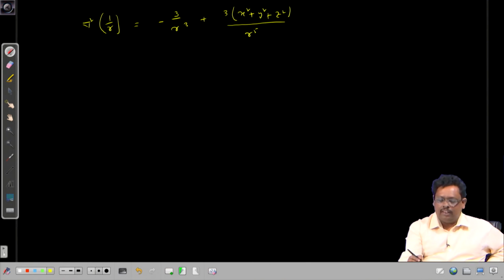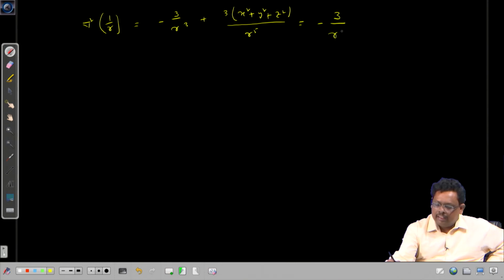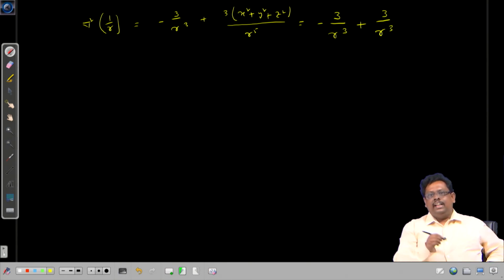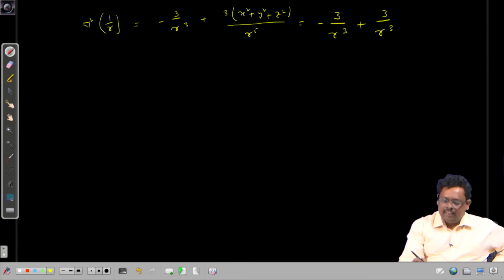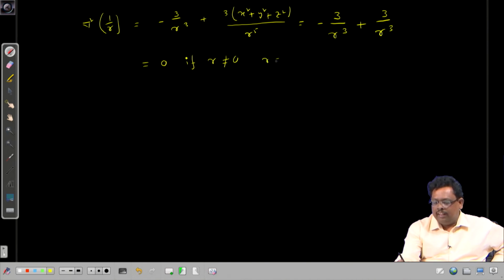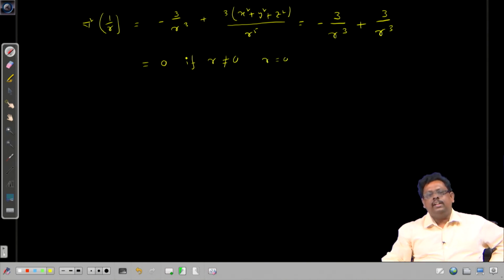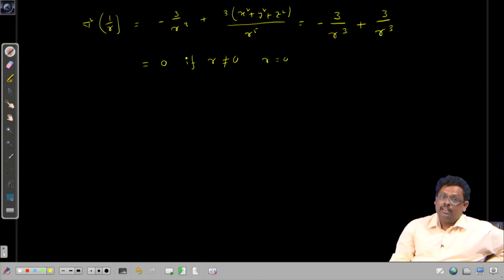Now, this equals r square. So, I will get a nice, fine minus 3 by r cube plus 3 by r cube. Now, you see the interesting part is this equals 0 if r is not equal to 0, else when r equals 0 this function goes to infinity. So, it is a singular function.